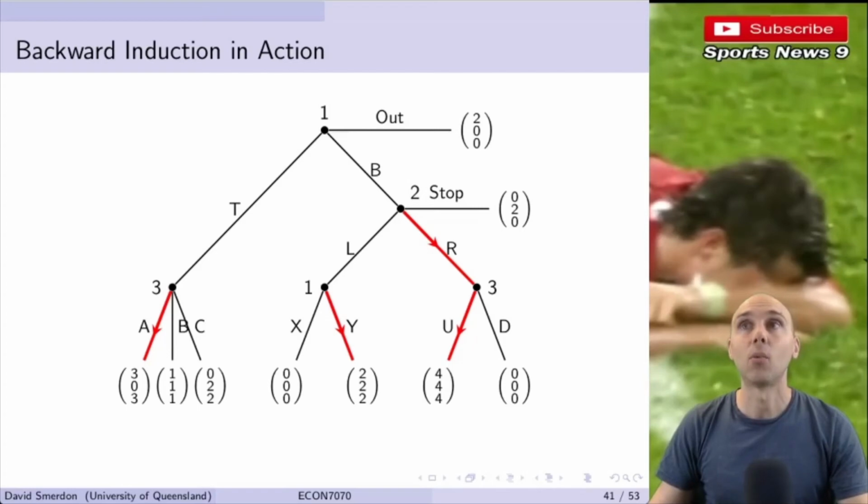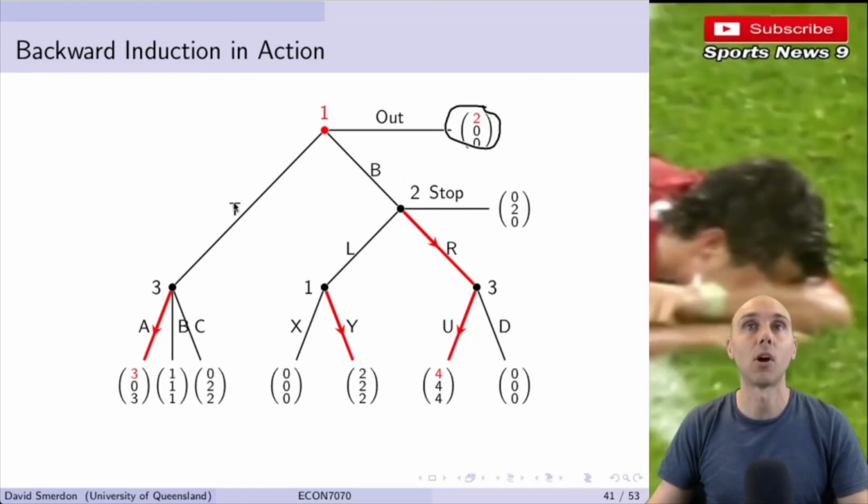And then we can take it one step further and go all the way to the root node, where it's player 1's choice. Now what's player 1 comparing between? Well, there are lots of different payoffs out there, but player 1 has 3 choices, and it's now reasonably clear what's going to happen to player 1 if he plays out, top or bottom, because we know the outcomes already.